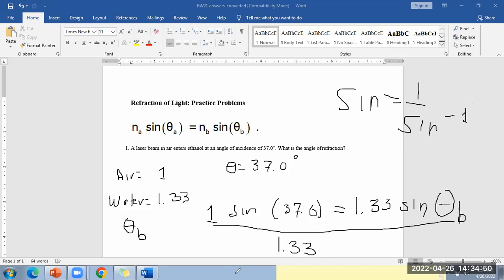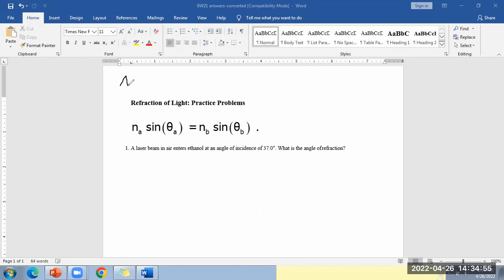Okay, when we bring down the sine, we have air, 1, and water, which is 1.33 to be exact.